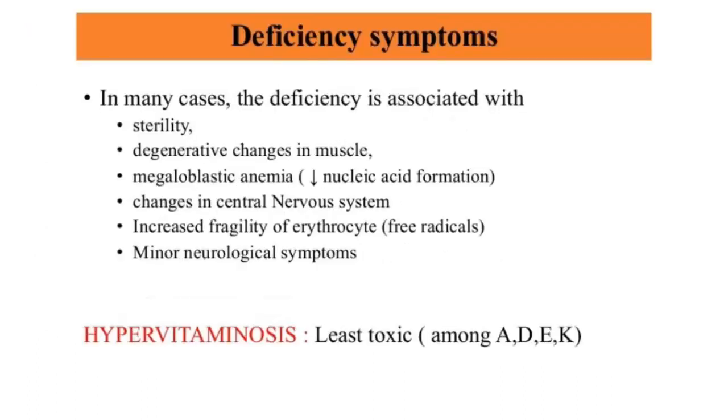Now, coming to the deficiency symptoms. What are the deficiency symptoms? First is sterility. It may cause sterility, degenerative changes in muscle, megaloblastic anemia due to decreased nucleic acid formation, changes in nervous system, increased fragility of erythrocytes due to the free radicals, minor neurological symptoms.